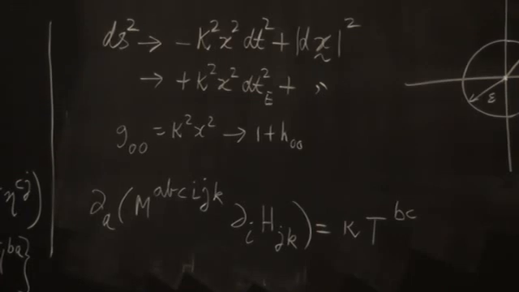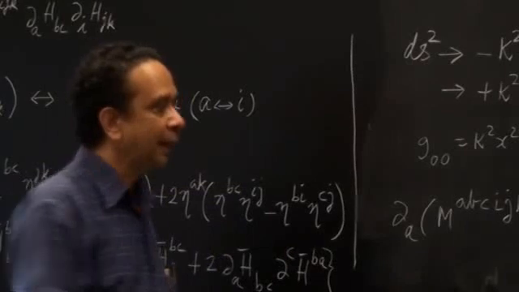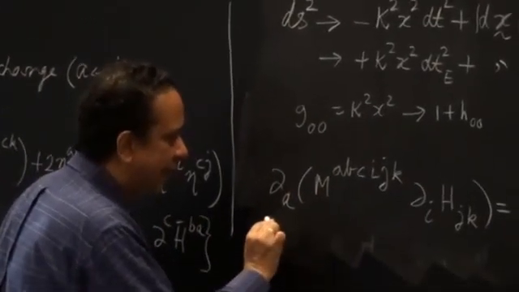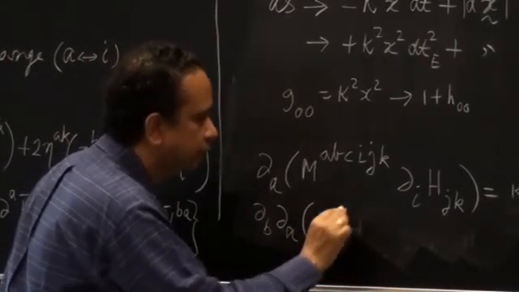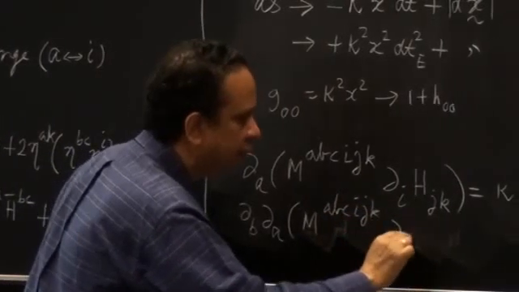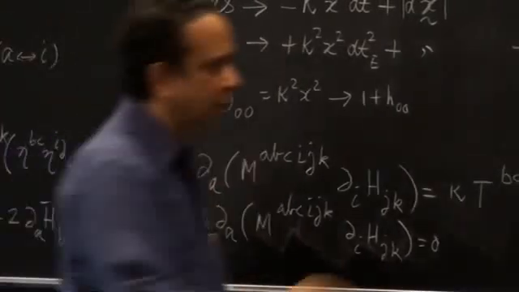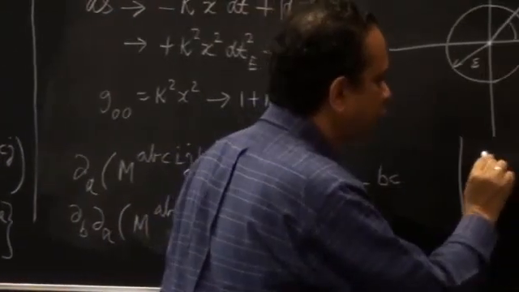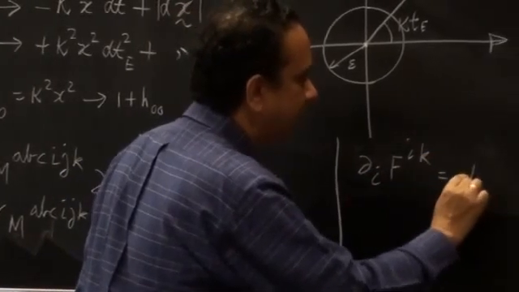What is interesting is that you can prove using the form of this, it's a little bit tedious algebra but not too tedious, that the left hand side satisfies an identity ∂_B ∂_A of M^{ABC ijk} ∂_i of h_{jk} is 0. This just comes from the symmetries of the theory. The analog in electromagnetism is that you would have got ∂_i of F^{ik} is J^k.